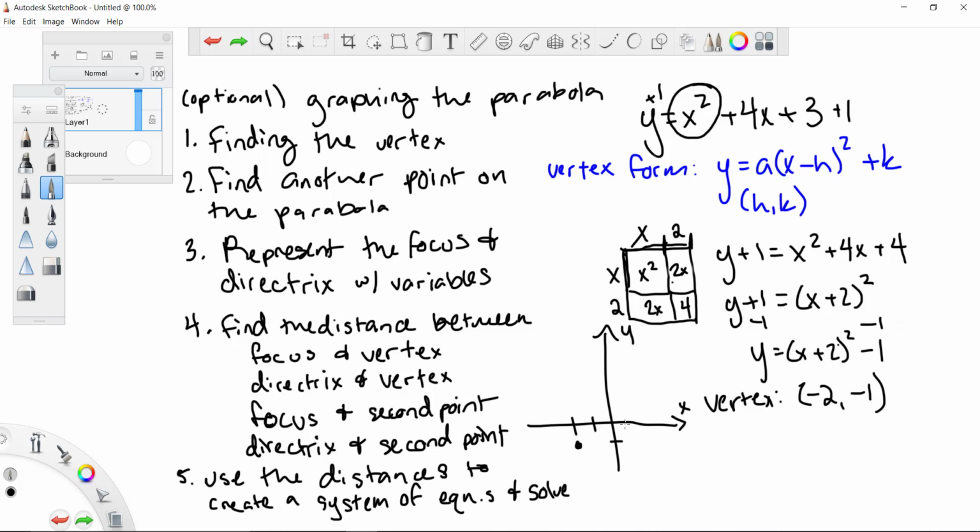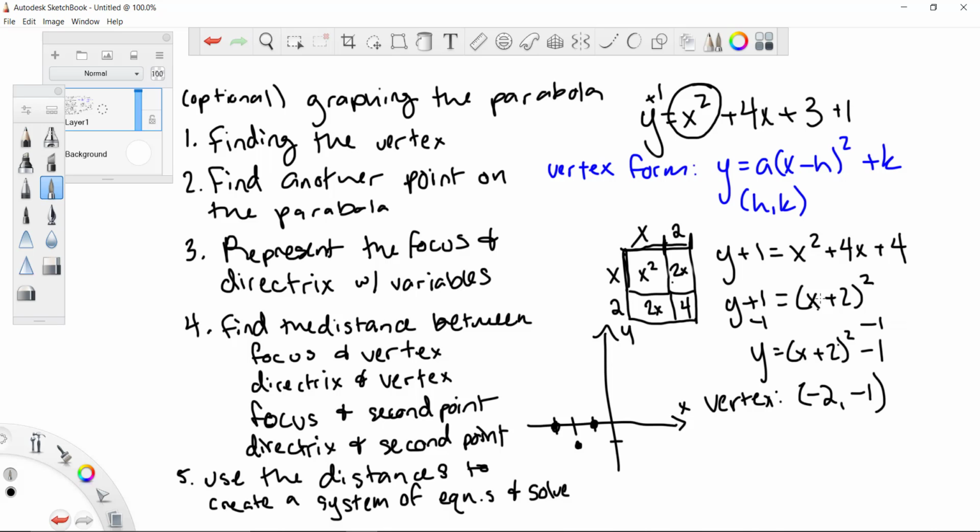We have basically a transformation of our normal basic x squared parabola, our parent function, which means we have a slope, or a slopiness, as I like to call it, of 1, which means if I go 1 to the right, I'm going to go 1 up.